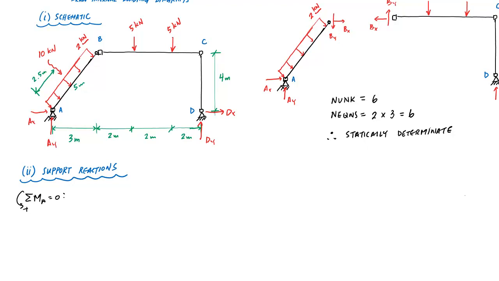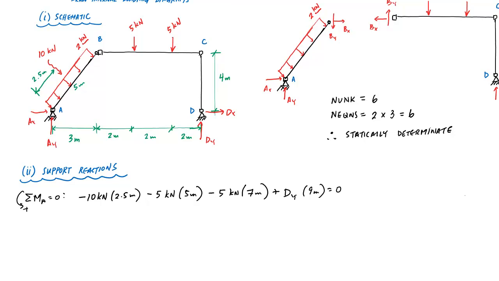And so now I would know that I have negative 10 kilonewtons times 2.5 meters. And then I have my 5 kilonewtons also causing a negative moment, 5 kilonewtons times 5 meters minus 5 kilonewtons times 7 meters plus DY times 9 meters equals 0.